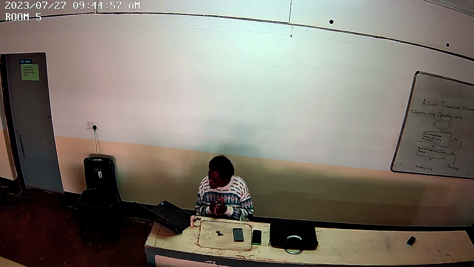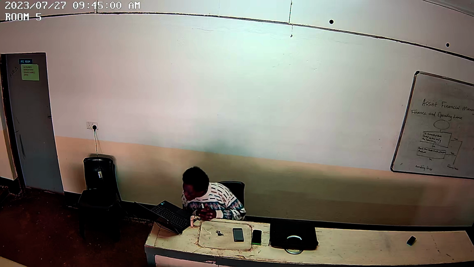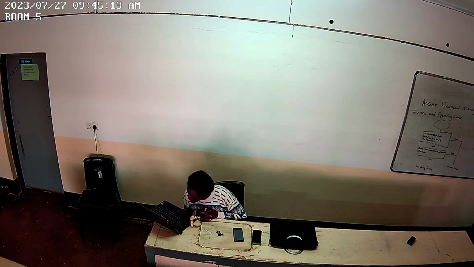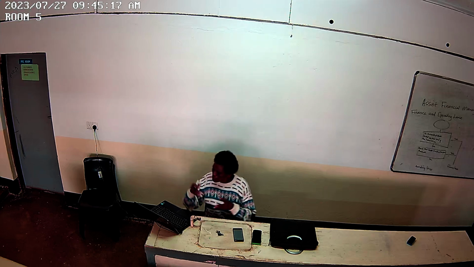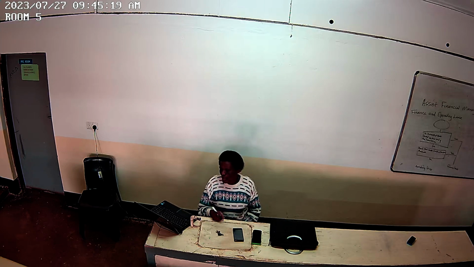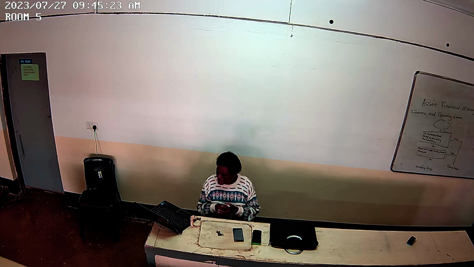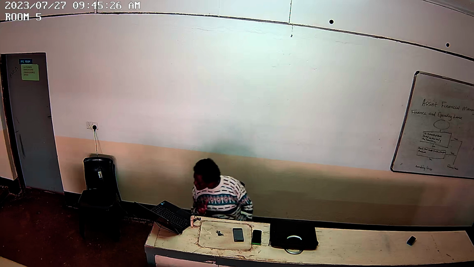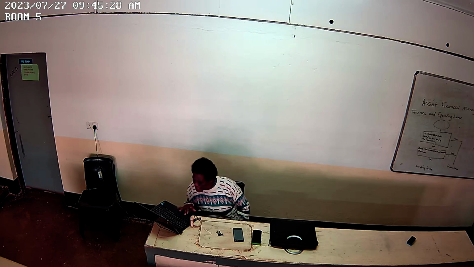The next question, is the lease term for a major part of the asset's life? The answer is no, but for finance lease, it's yes. And then it continues with the other questions. So this is just an example of the understanding of finance and operating lease.